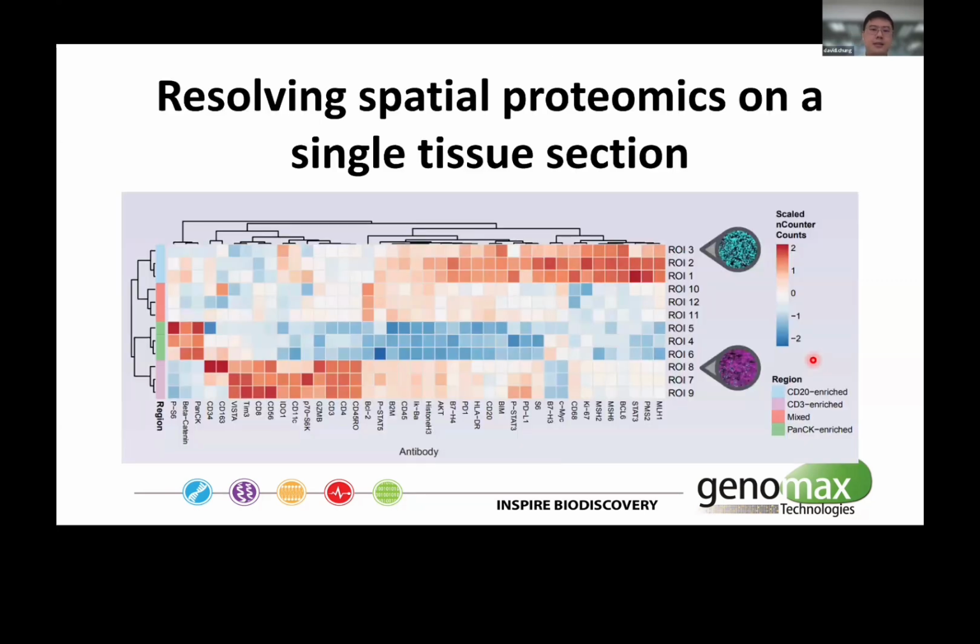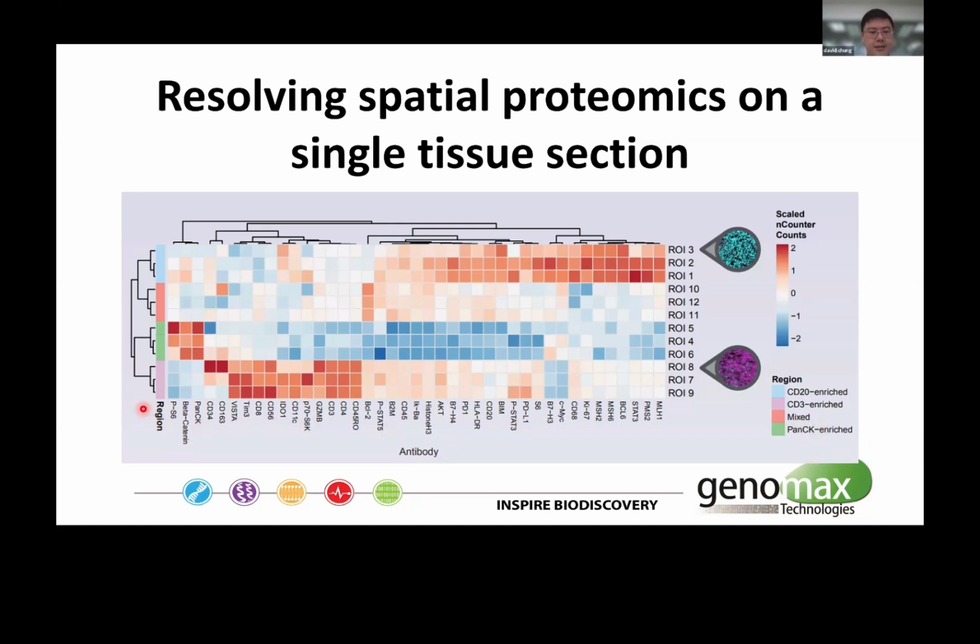And here I have another example data, in which they have this single tissue section. They selected 12 different regions based on the different abundance of different cell types, either CD20 enriched, CD3 enriched, pan-CK enriched, or a mix of different cell types.